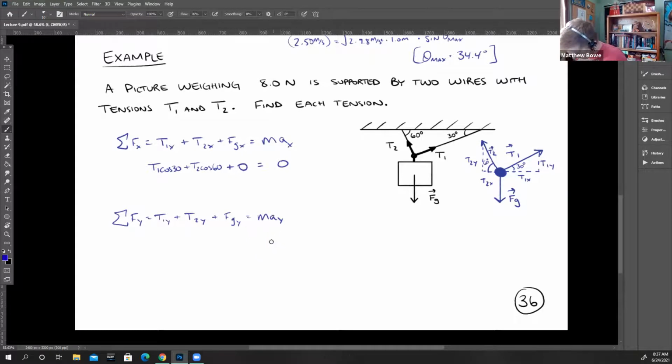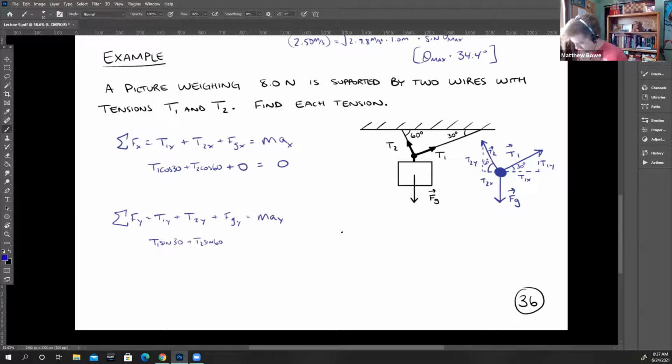Let me do that last, I'm going to run out of room if I do that first. So for T1y, that's going to be T1 sine of 30. For T2, that's T2 sine of 60. For G, that is just the complete force downward.